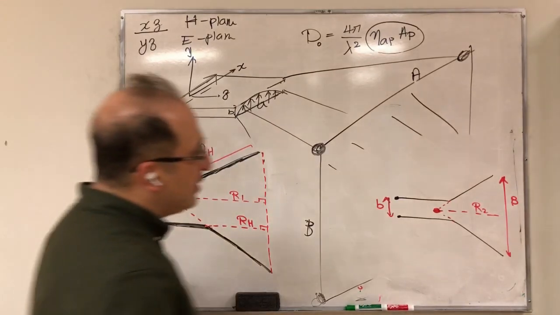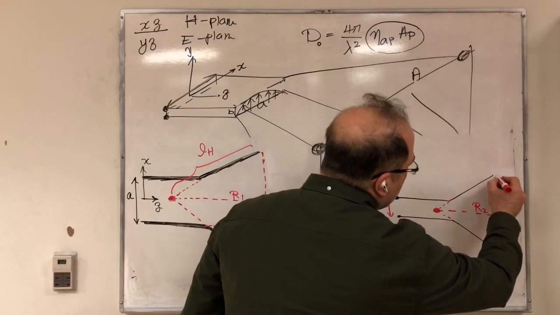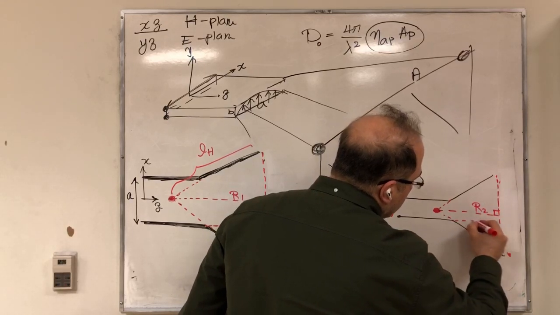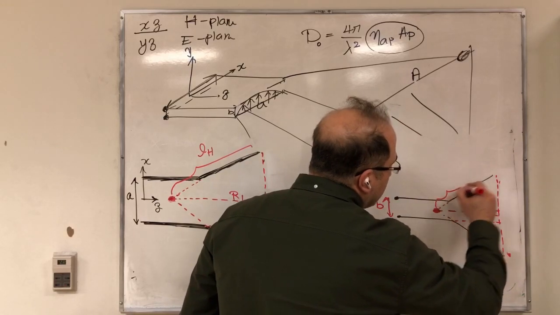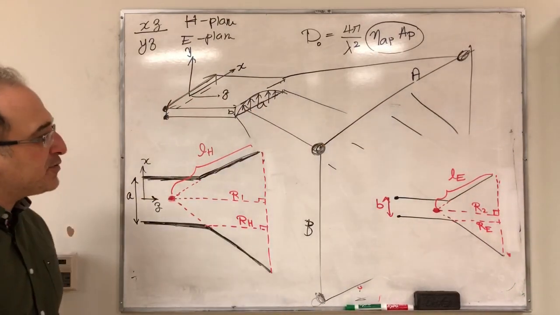Perpendicular to this line, and here the same thing. This is RE, and similarly this is LE.